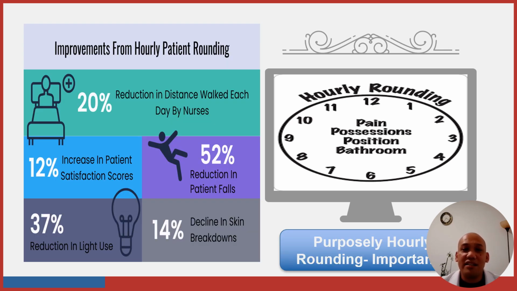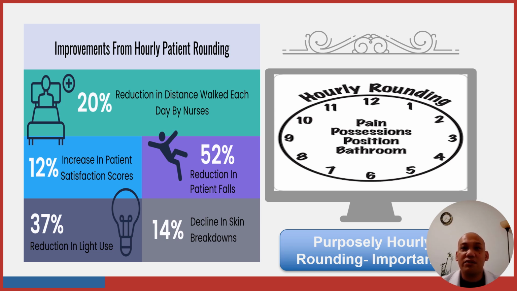According to studies, the benefits of purposeful early rounding are a 20% reduction in distance walked each day by nurses, a 12% increase in patient satisfaction score, a 52% reduction in patient falls, a 37% reduction in use of call lights, and a 14% decline in skin breakdown.